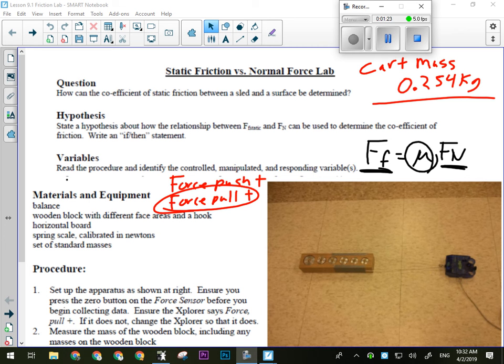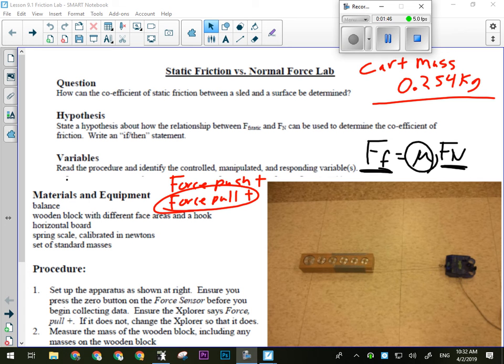That's why this lab is about static friction. We're going to pull on this, slowly increasing the force until the block starts to move. Then that trial is over, because once it starts to move, we have exerted enough force to overcome static friction. Once it starts to slide, it's kinetic. We don't need to worry about that.